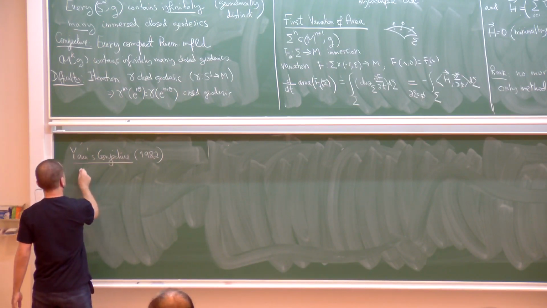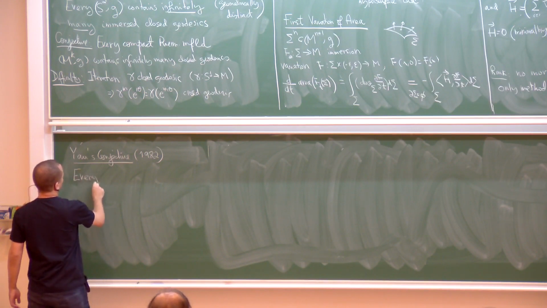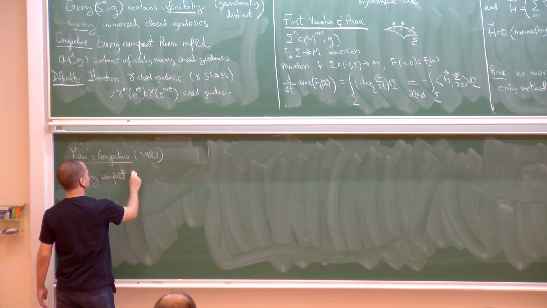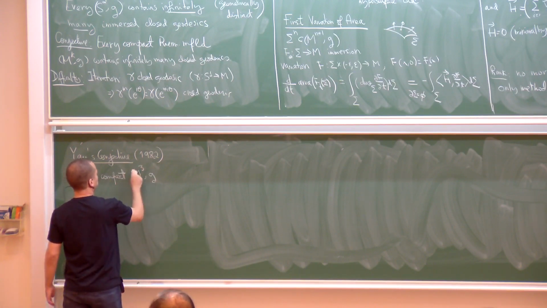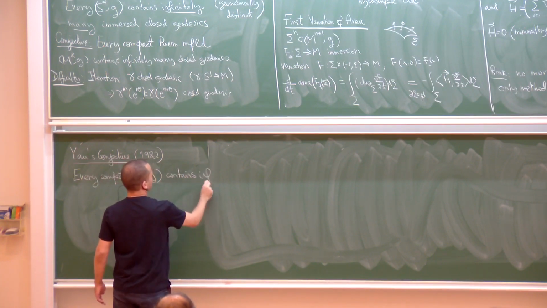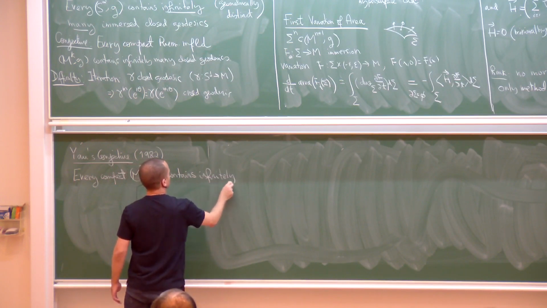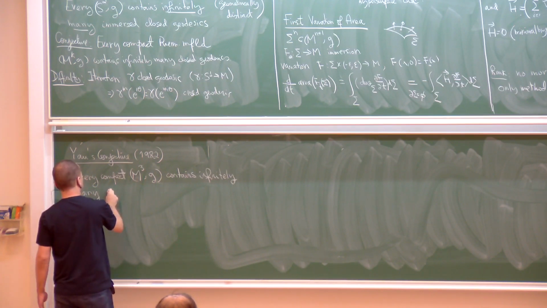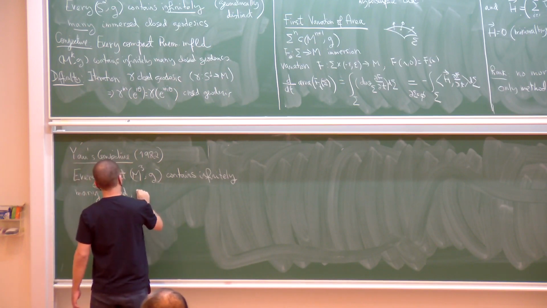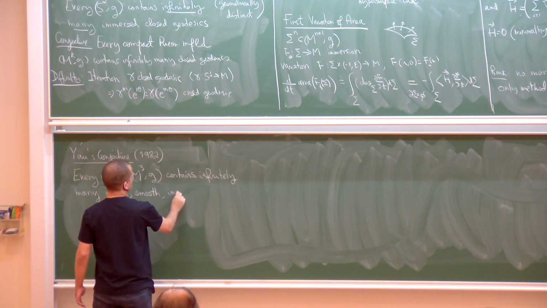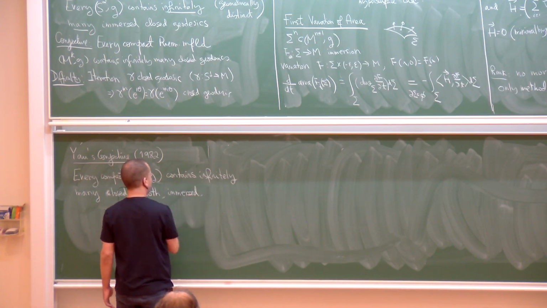It says that every compact, or closed if you want, three-dimensional Riemannian manifold contains infinitely many smooth, closed, immersed minimal surfaces.